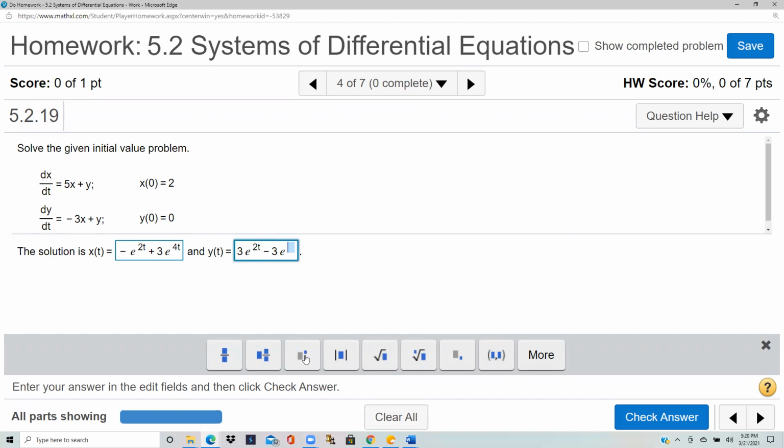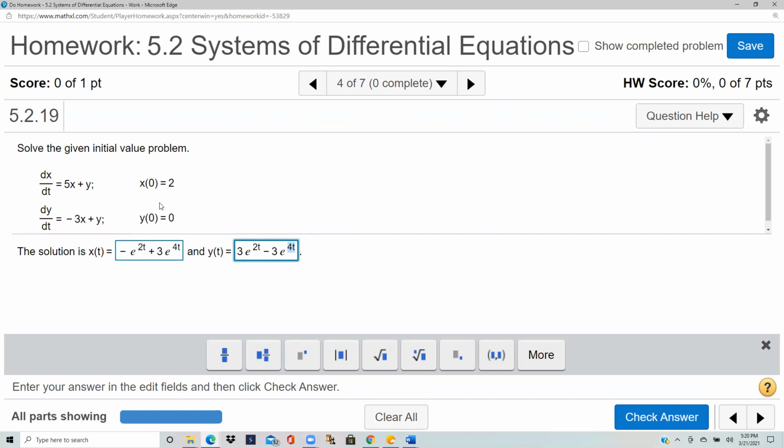So now you can also check whether these are solutions or not. So let's check the initial conditions first. x of 0 should be 2. So when you substitute 0 for t, negative 1 plus 3, that is 2. And y of 0 is 3 minus 3, which is 0. So the initial conditions are at least true.